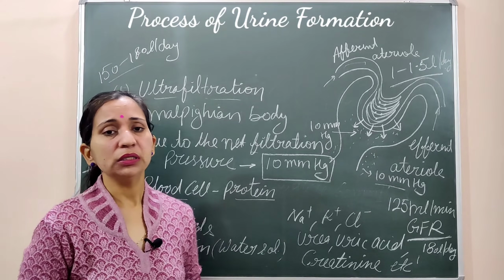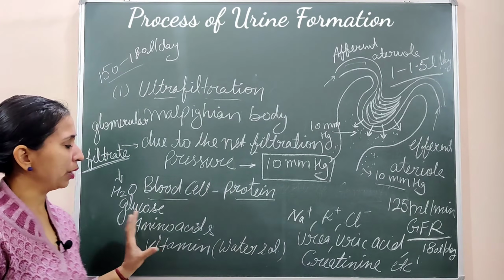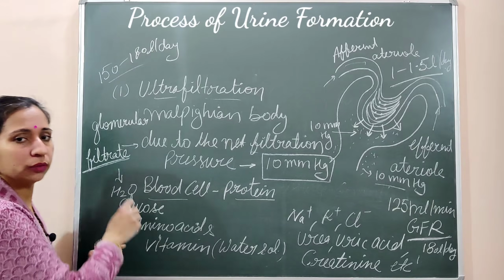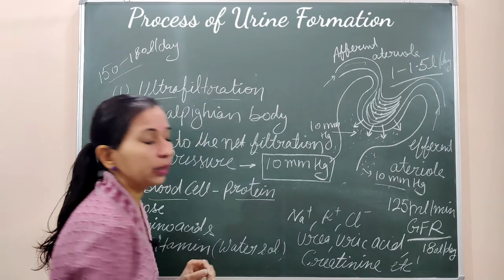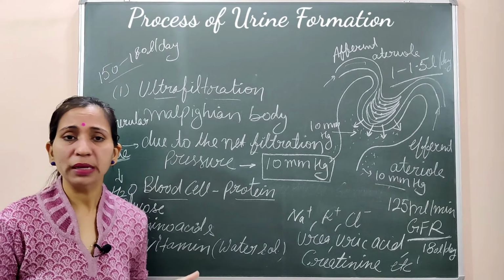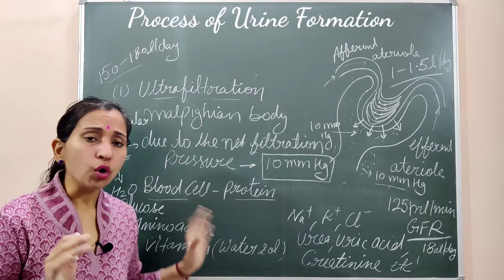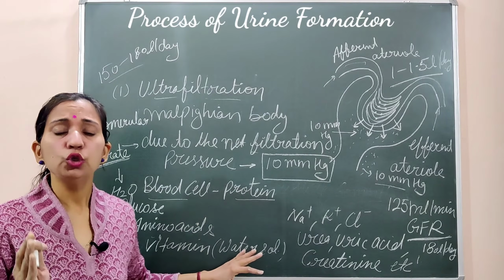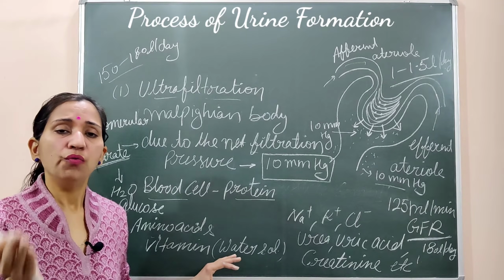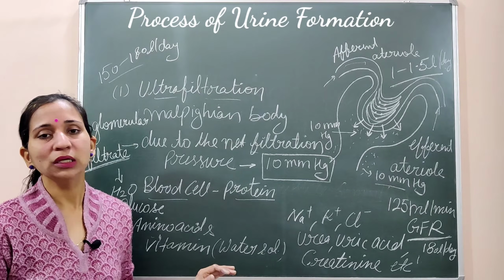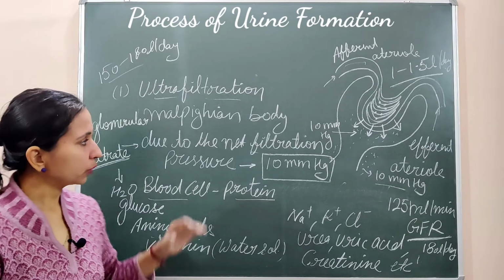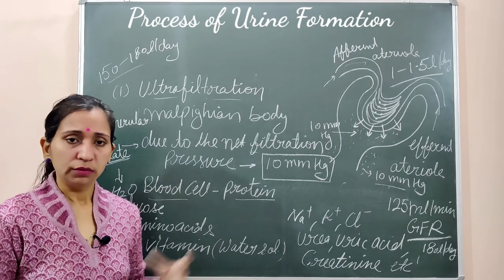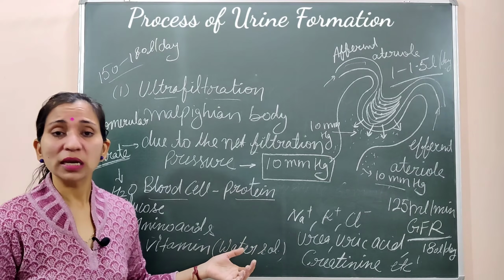The substances which are present here, like हमने यहाँ पे देखा कौन कौन से substances हैं, वाटर है, ग्लूकोज है, अमाइनो एसिड्स है, विटामिन्स है, आयंस है, यूरिया, यूरिक एसिड, क्रिएटिनिन, कीटोन बॉडीज, पिगमेंट्स, अमोनिया, etc. Out of all these, the substances which are useful for the body will be reabsorbed from the filtrate. तो उन्हें फिर से बॉडी जो है वो reabsorb कर लेगी, and that happens in the process that we call selective reabsorption.